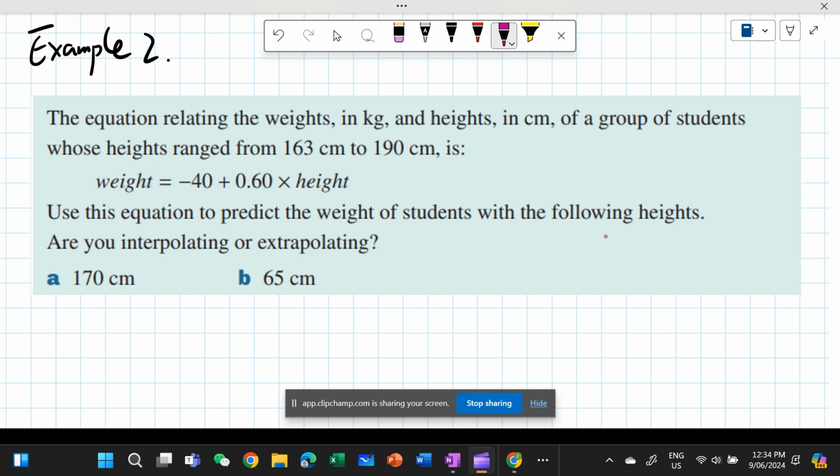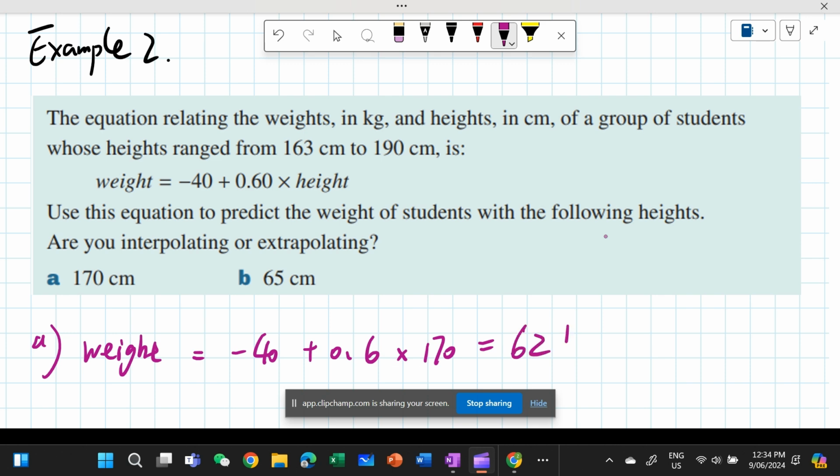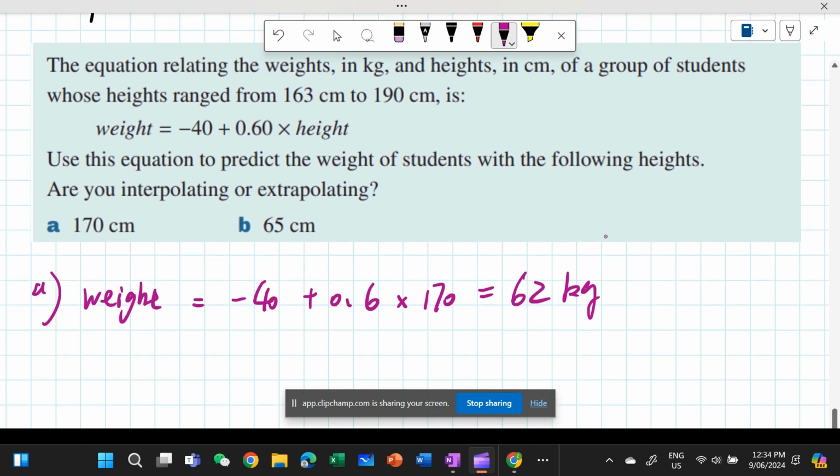For a person who is 170, the weight will equal -40 plus 0.6 times 170, and we can use a calculator. That is around 62 kilograms. And the height of 170 centimeters is within the range, so this is interpolation.